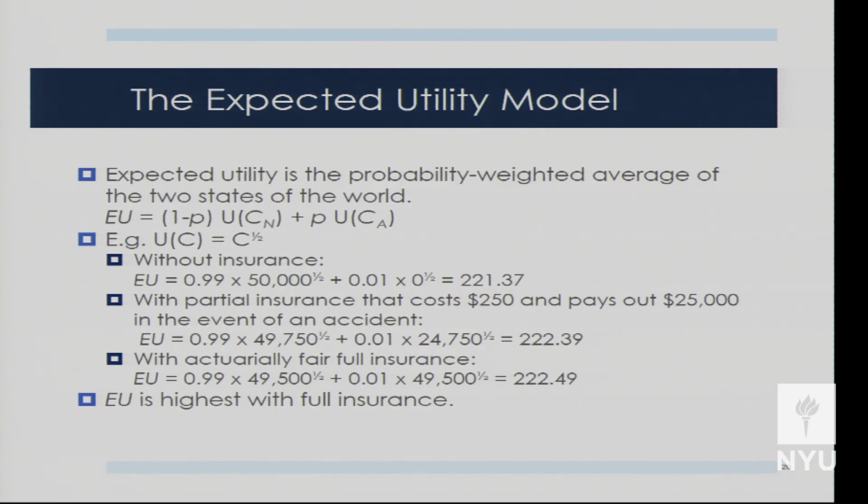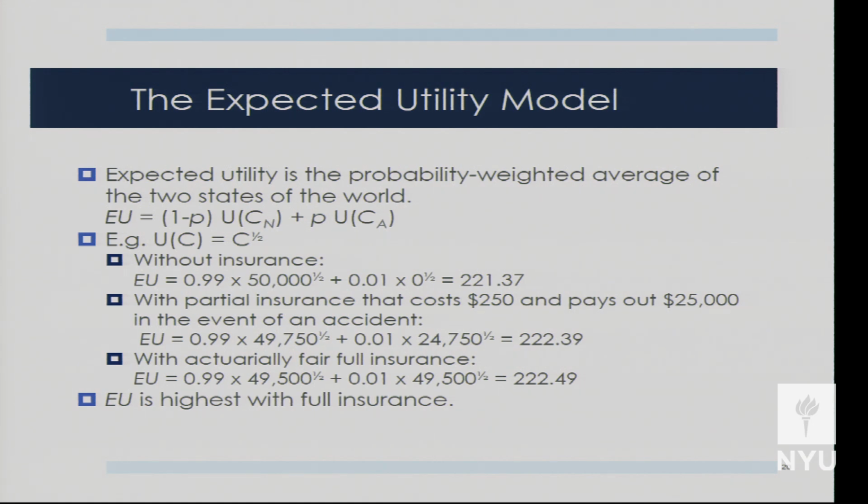And that happens with probability 99%. The premium is higher here, because the coverage is higher here. With 99%, you have no accident, but you pay the $500 premium. This is full insurance. Your utility level in both states of the world is exactly the same. And so your utility ends up being, in this case, 222.49.